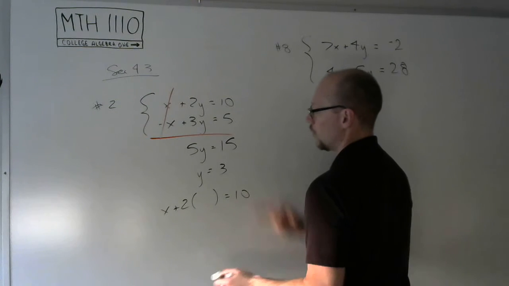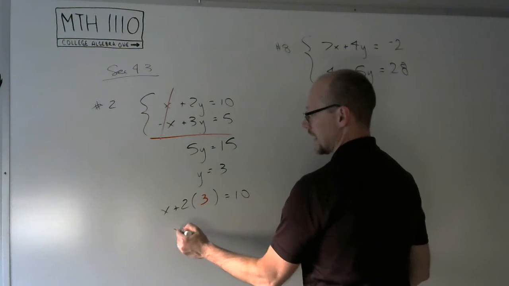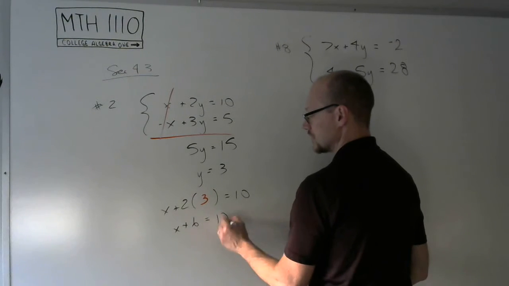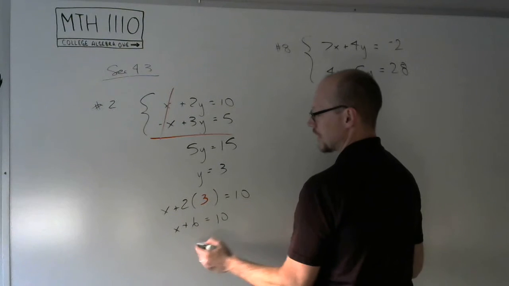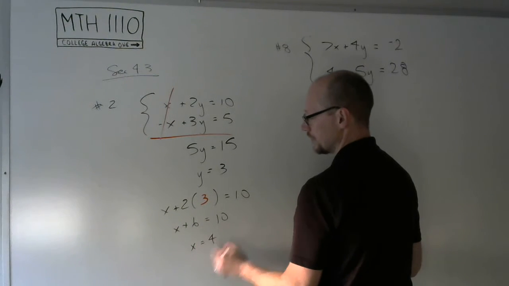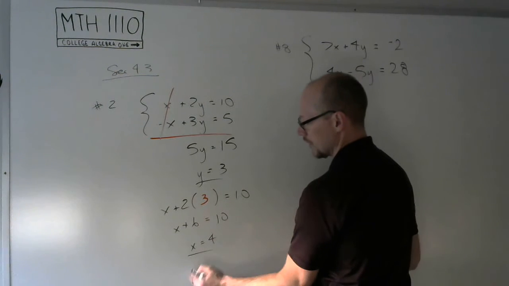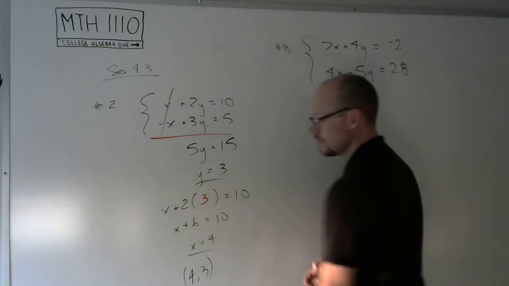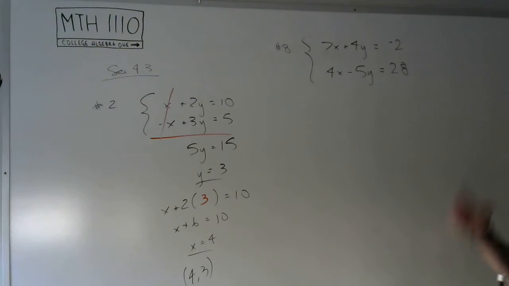And I just put what I found for y right in for y. So I've got x plus 6 equals 10. Subtracting 6, what plus 6 equals 10? Subtract 6 from both sides, you see x equals 4. So I know my solution then is the point (x, y) = (4, 3). So that's how you do this linear combination method.